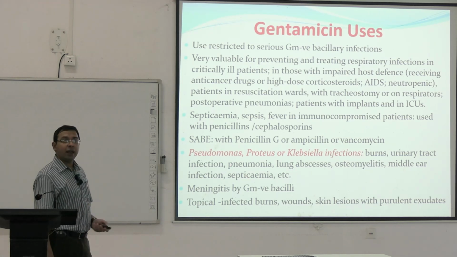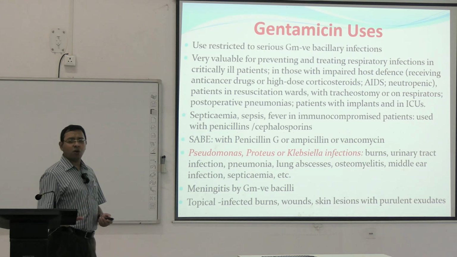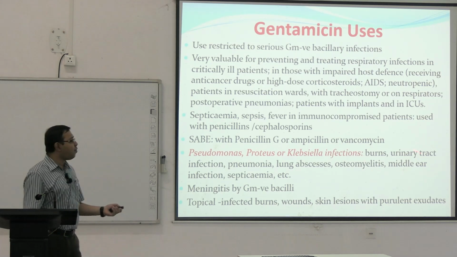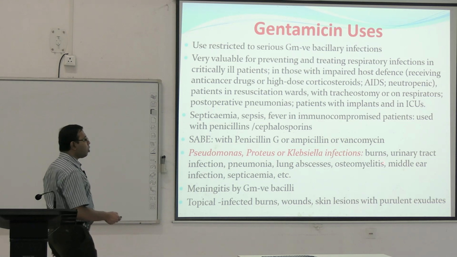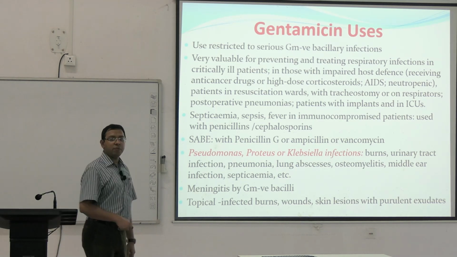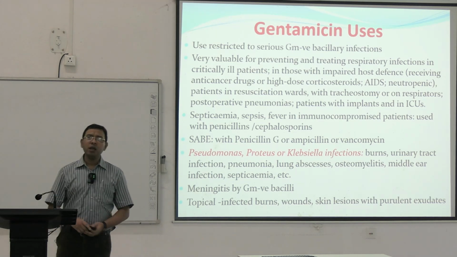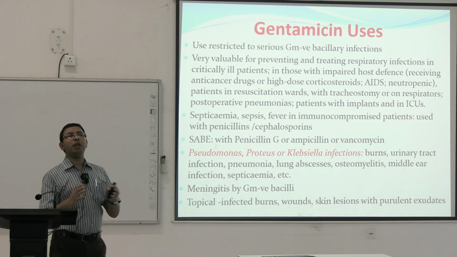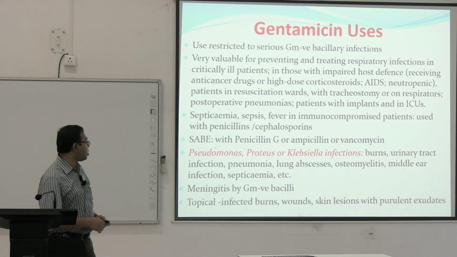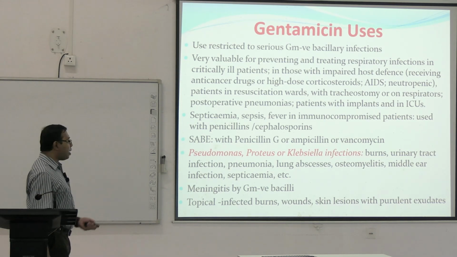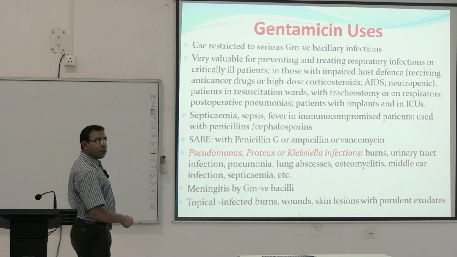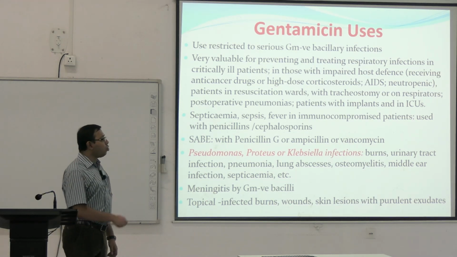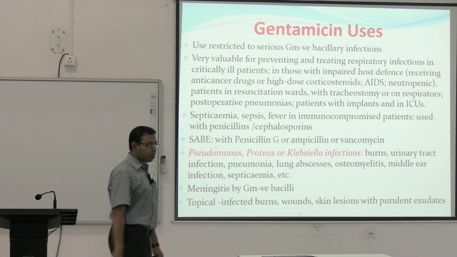Pseudomonas, Proteus, Klebsiella infections are very notorious. These can happen in burns, urinary tract infection, pneumonia, lung abscess, osteomyelitis, middle ear infection, septicemia. So we can use an aminoglycoside. In most cases, we have to use aminoglycosides in combination with some antibiotics. Meningitis by gram-negative bacilli, in some cases it may be active. Topically, it can be used in infected burns, wounds, skin lesions with purulent exudates, etc.